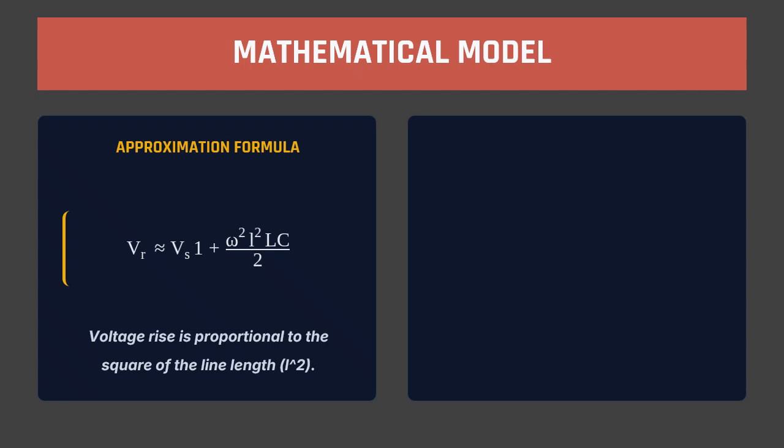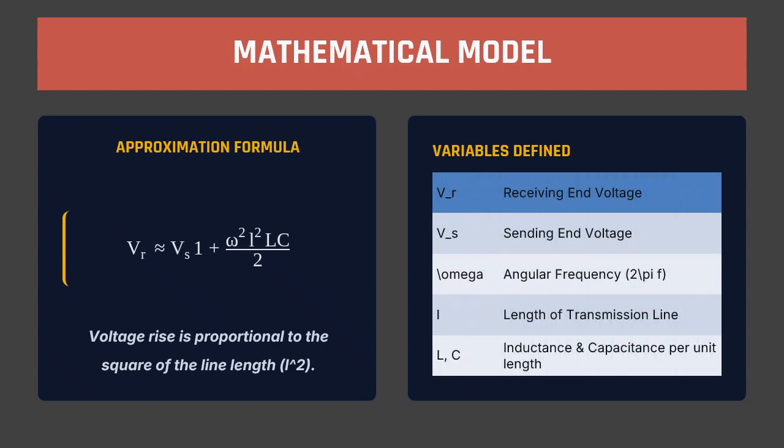As you can see in the formula, the receiving end voltage, V_R, is related to the sending end voltage, V_S, and a factor that is proportional to the square of the line length, L². This L² relationship means that the Ferranti effect is primarily a concern for very long lines, typically those exceeding 240 km, and those operating at extra high voltages. The longer the line, the greater the capacitive effect, and the higher the risk of severe overvoltage.